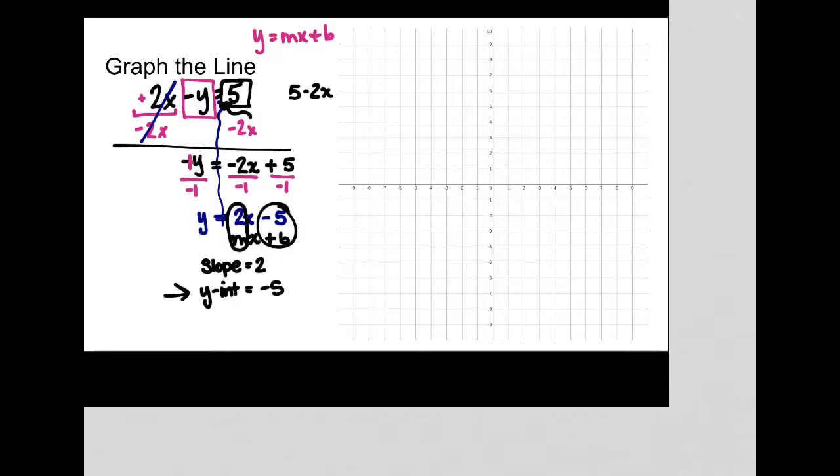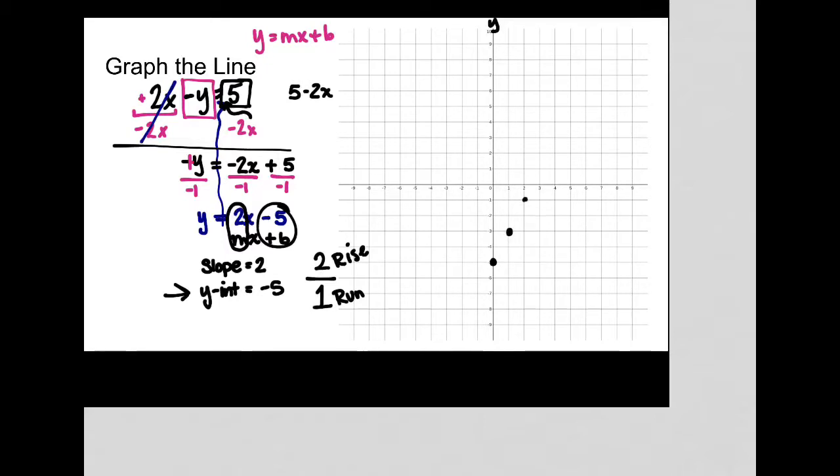So on our y-axis, we go down 5 and plot a point. My slope is 2, which is a whole number, and I can make any whole number into a fraction by putting it over 1, and that gives me rise over run. So then from my y-intercept, I go up 2, right 1, and I have a point right here.